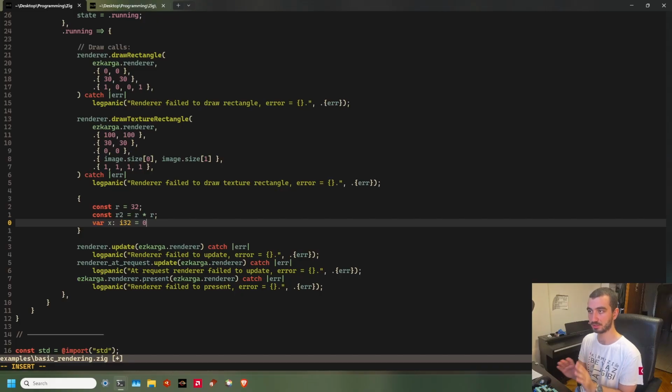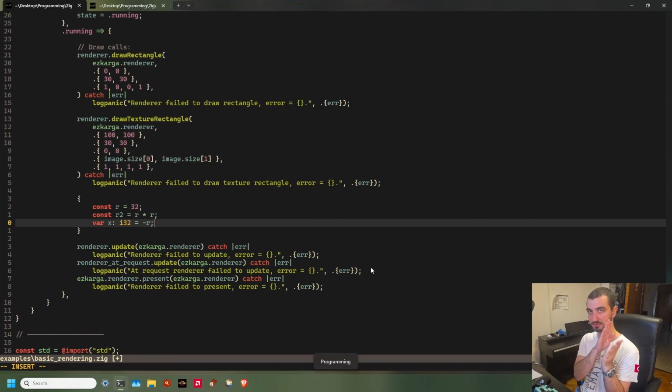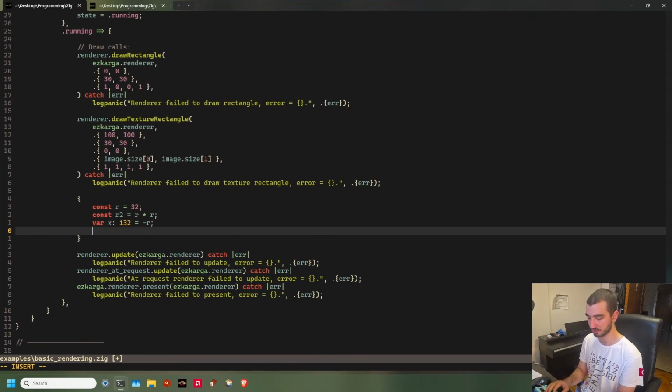Our initial starting point is minus r, right? So we're going to be starting from the left side of the circle to the right side of the circle. We're going to go through from left to right. So we're going to say while x is less than or equal to the radius, we're going to be incrementing x by 1.